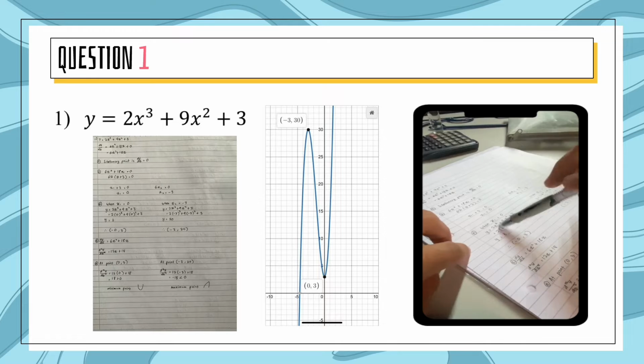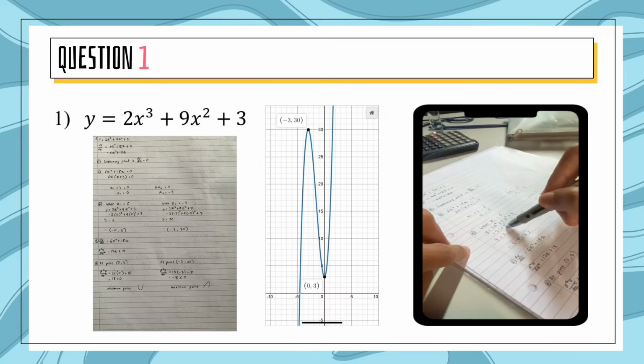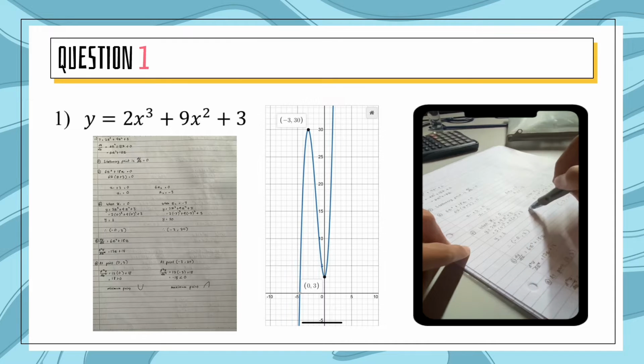So we write it back, and x is 0, so we put 2 bracket 0 power of 3 plus 9 bracket 0 power of 2 plus 3, and then y is equal to 3.